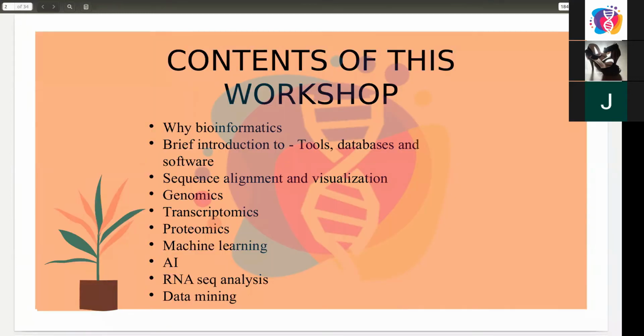So the contents of the workshop would be as such. Firstly, we'll talk about why bioinformatics and why it is needed. Then a brief introduction to the databases, tools and software that we are currently using in the field of bioinformatics. Then I'll talk a little bit about the three main pillars of bioinformatics, which are genomics, transcriptomics, and proteomics.